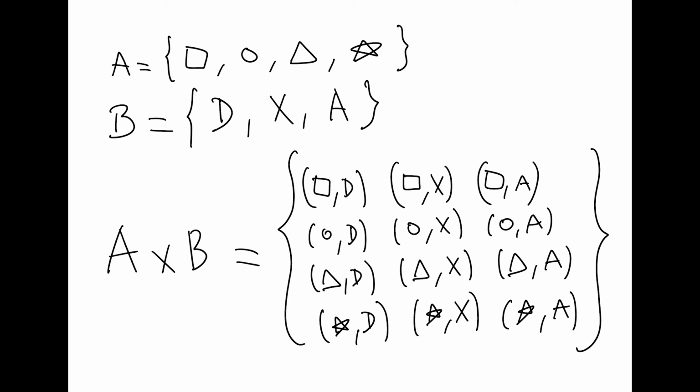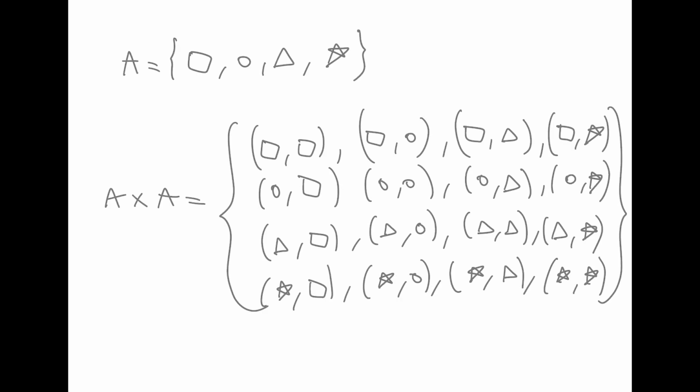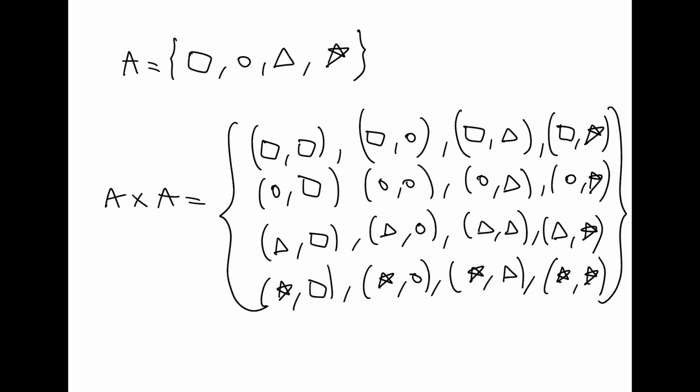Your sets can also be the same, so you can do the Cartesian product of a set by itself, in which case A equals B. Then you pick one element of set A and one element of again set A. It's as if you have two copies of the same set A, in which case you are allowed to take the same element twice.